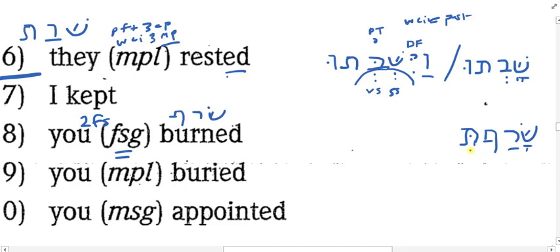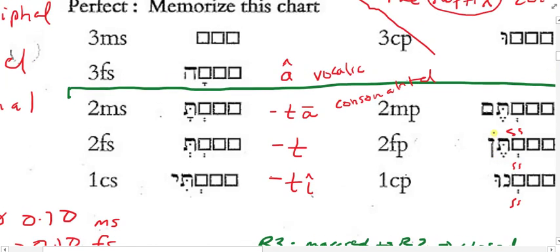Not a segol. Not a qamets. We're dealing with the perfect here, okay? So it's perfect 2FS. If we need to, let's look at our sheet. So there's my 2FS personal ending. It's the tav with a silent shava. And I'm going to expect a silent shava under root 3 too.